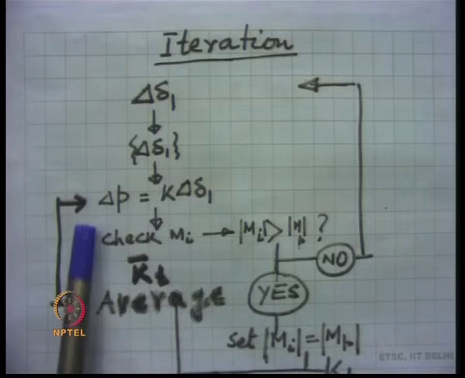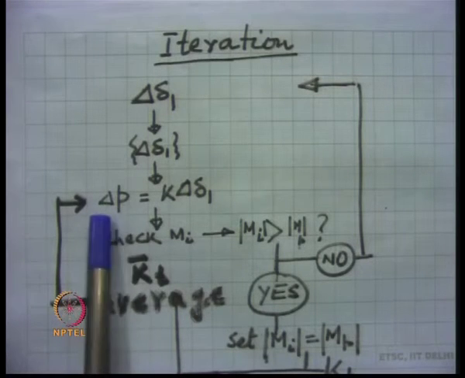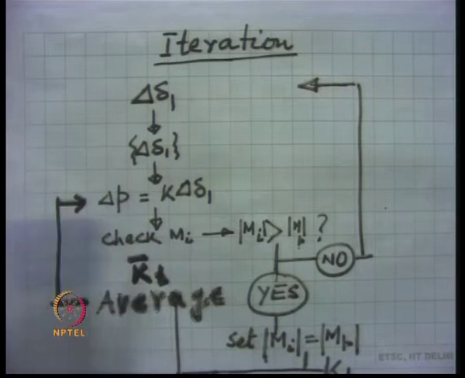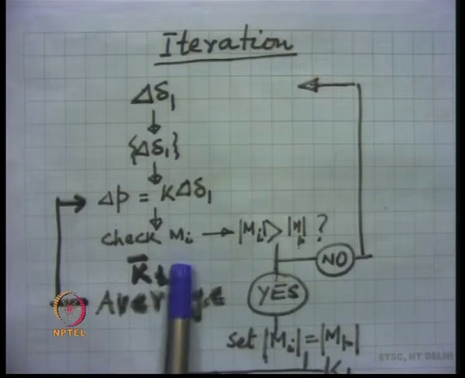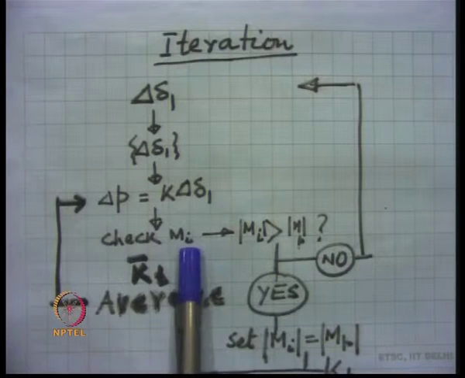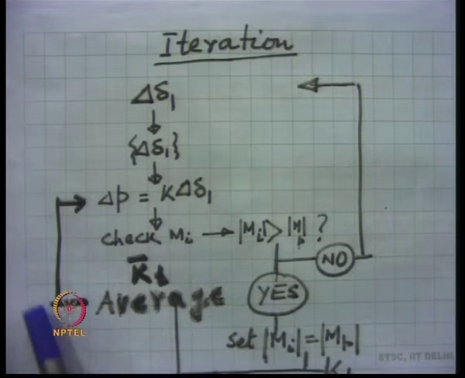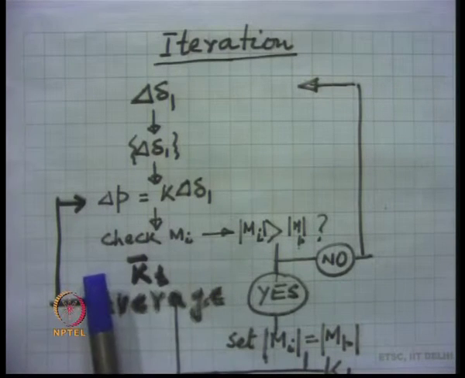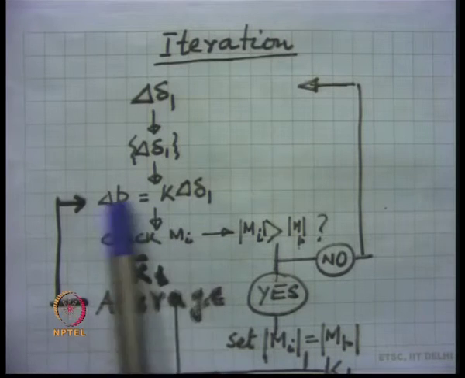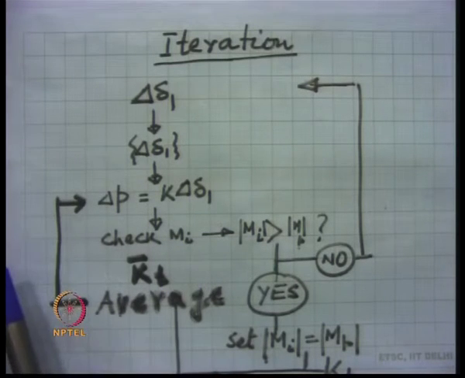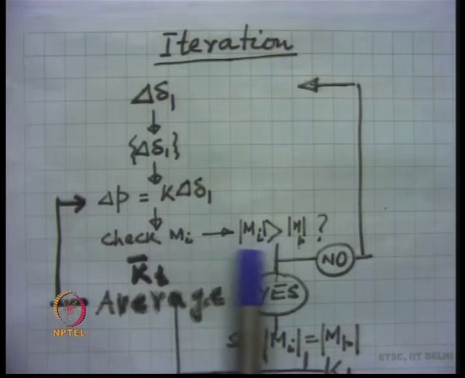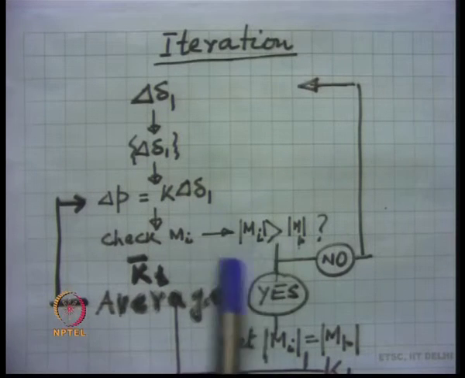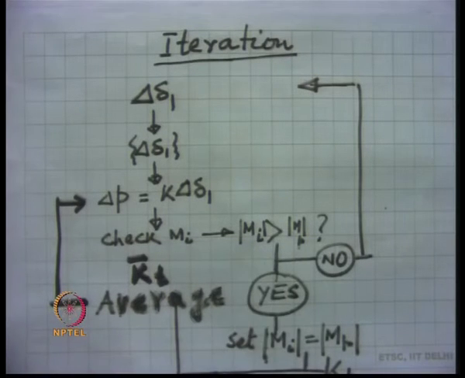With that delta 1 vector we get the delta p vector, then check the moment Mi at the cross sections where the plastic hinges are likely to form, and check whether the moment there is greater than MP or not.